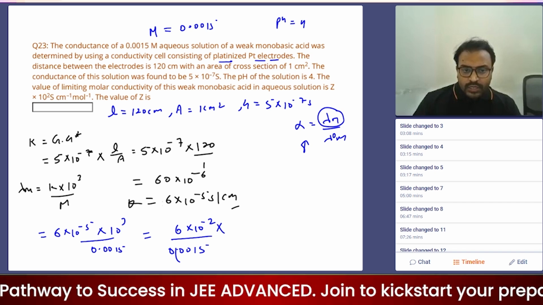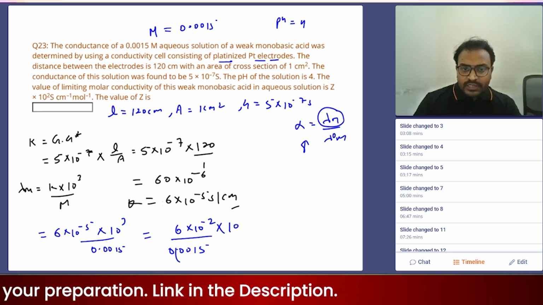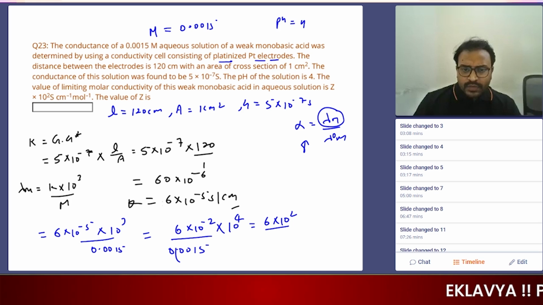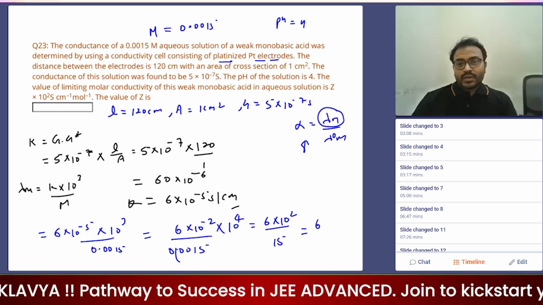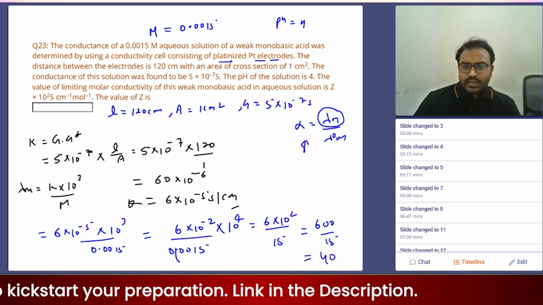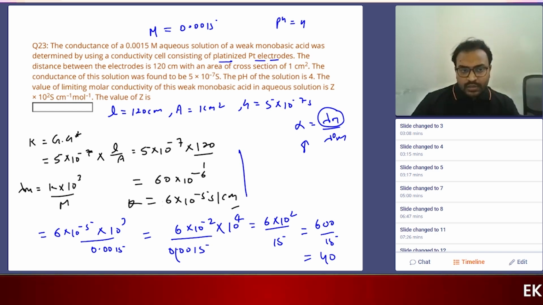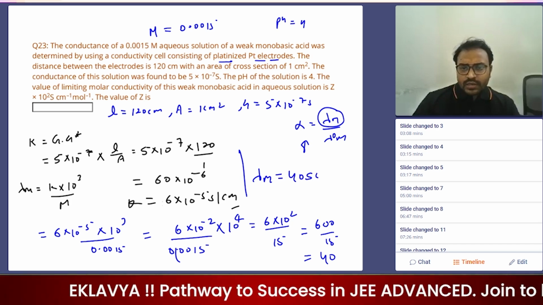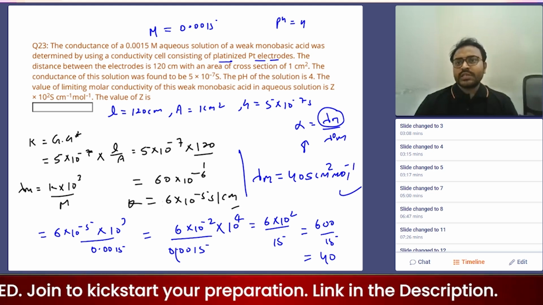After removing this decimal, we can write here 10 to the power of 4. So now it becomes 6 into 10 to the power of 2 divided by 15. So we get 600 by 15, that is 40. So lambda m we got 40 S centimeter square mole inverse. This is the value of lambda m.